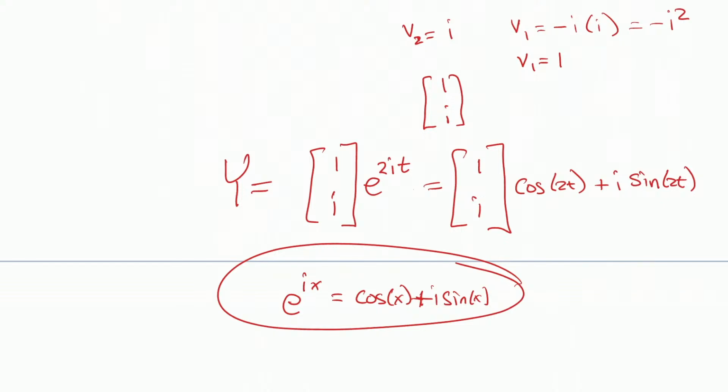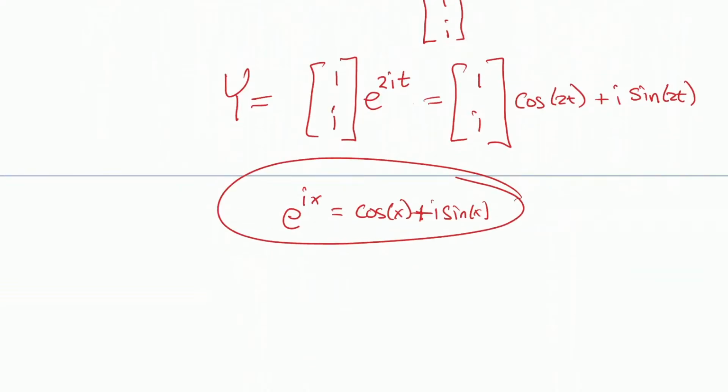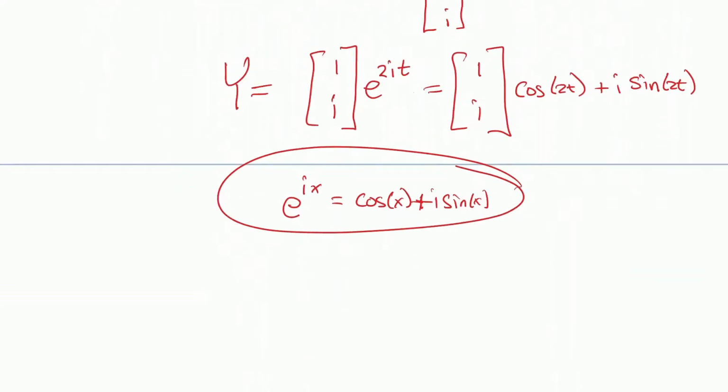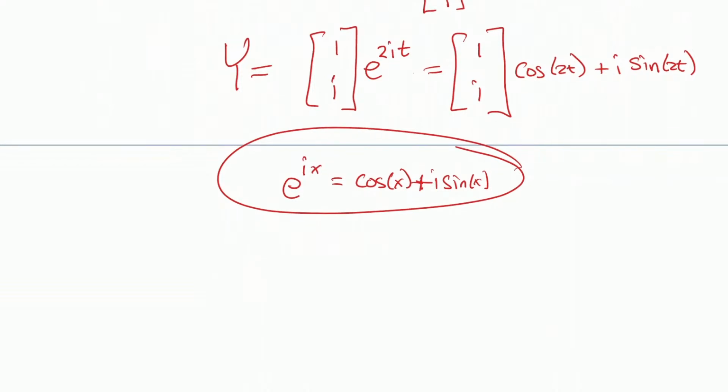Okay, so we're almost there. The last bit is, how does this work out? We have 1 and i times cosine of 2t plus i sine of 2t.